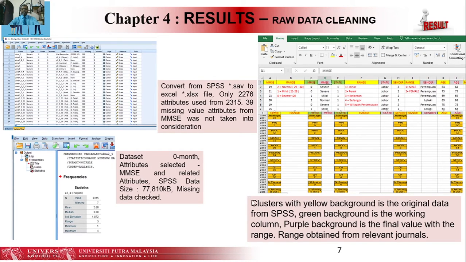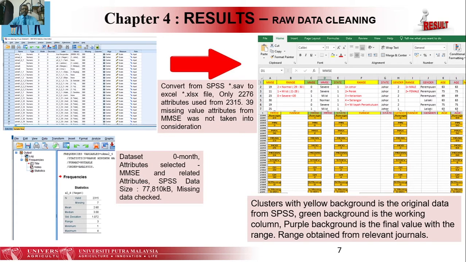To fill up the missing data, the first cluster with yellow background is the original data, then the green background is the working column, and the purple background is the final value for the range, which we obtained from the relevant journals and from my aging.